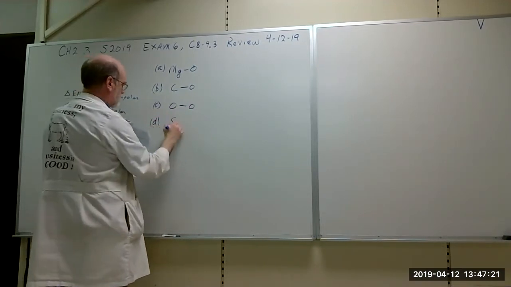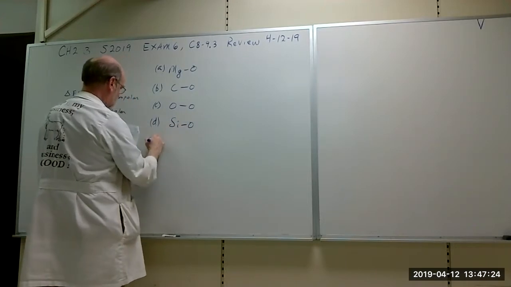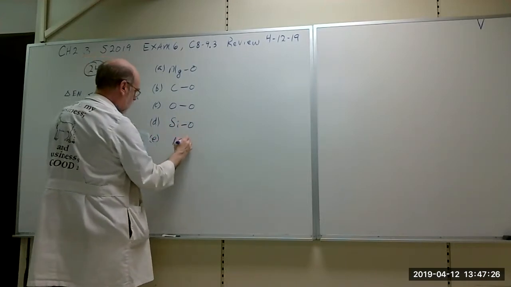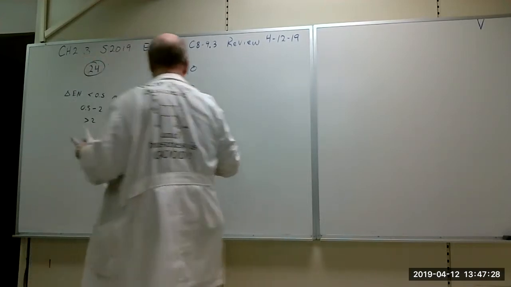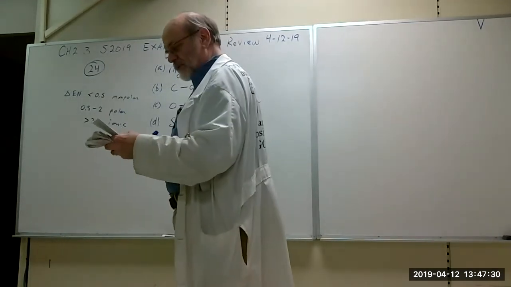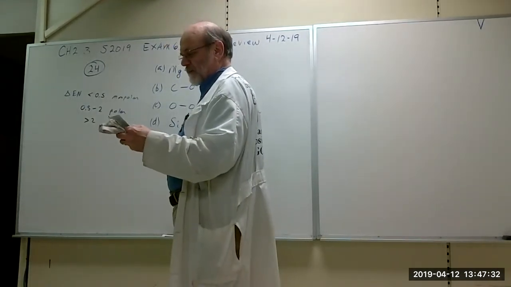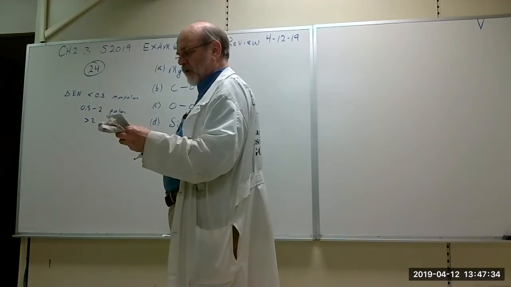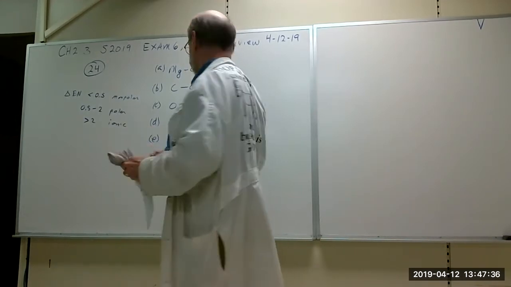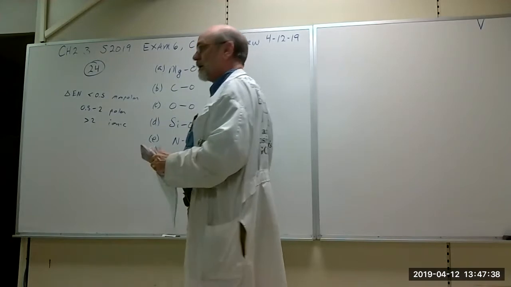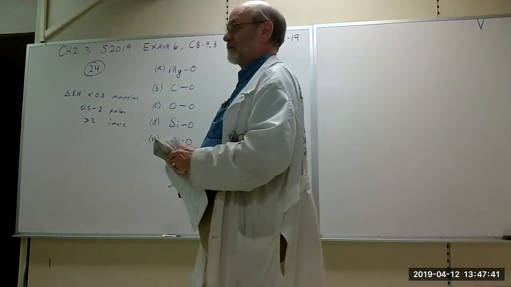D is silicon and oxygen, and E is nitrogen and oxygen. Okay. So let's see what the question says: most polar without being ionic. Which ones in here are ionic?